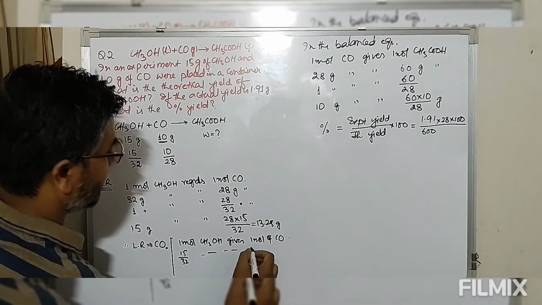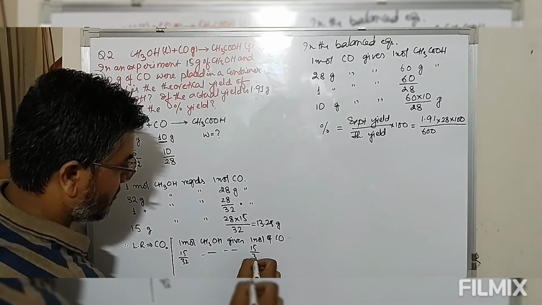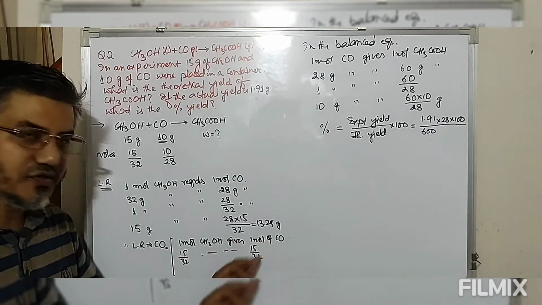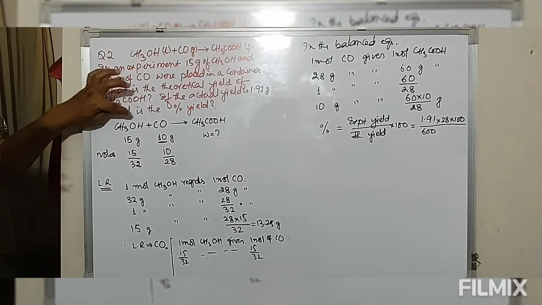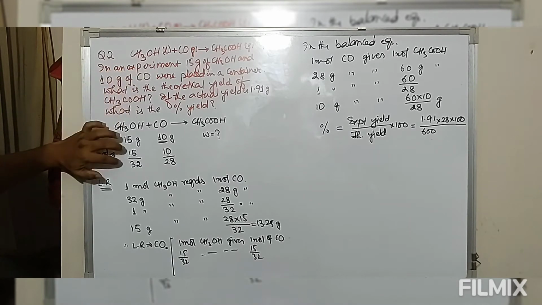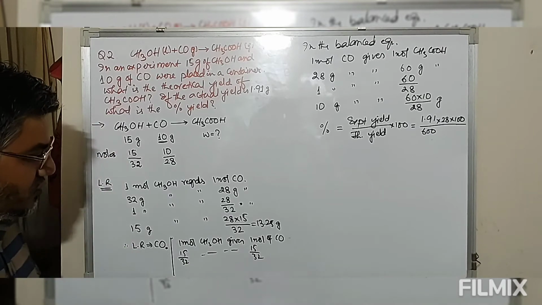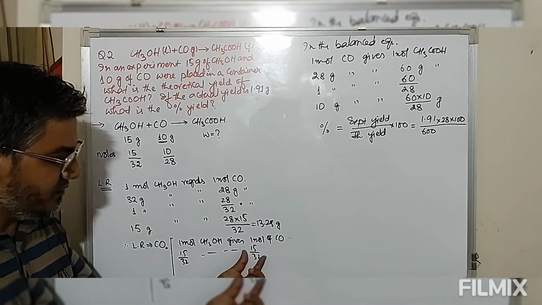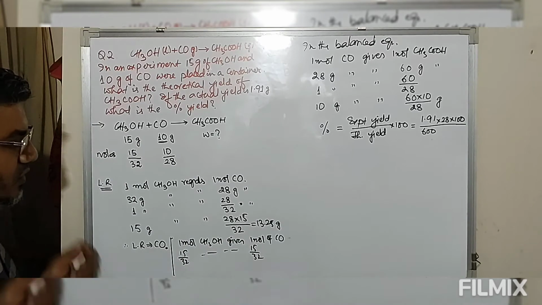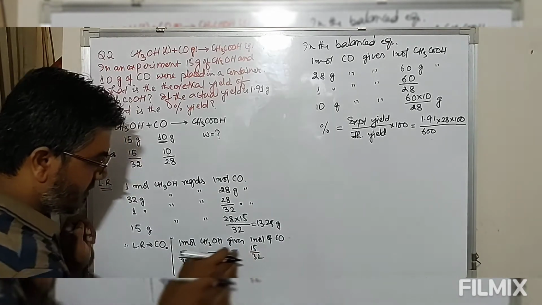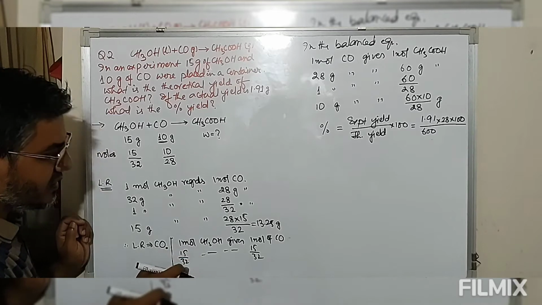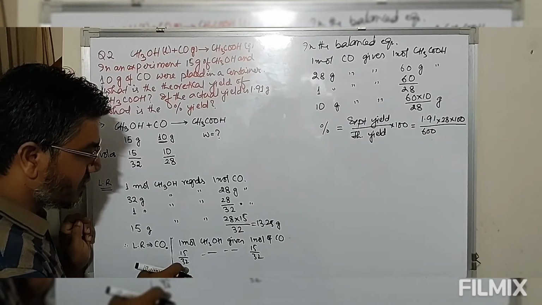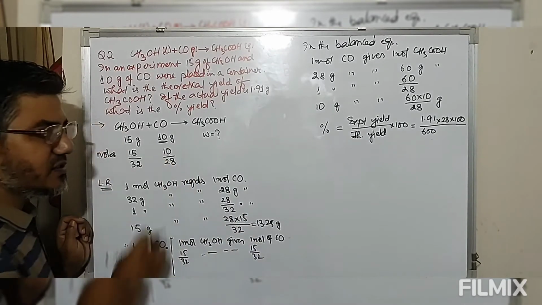If 1 mole CH3OH needs 1 mole CO, then the number of moles of CH3OH introduced in the reaction container is 15 by 32. So 15 by 32 mole of CH3OH requires 15 by 32 mole of carbon monoxide. This is the mole of carbon monoxide required. Now we have to cross check this value with this value.